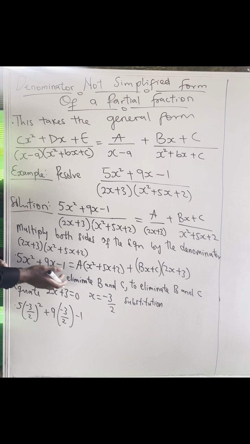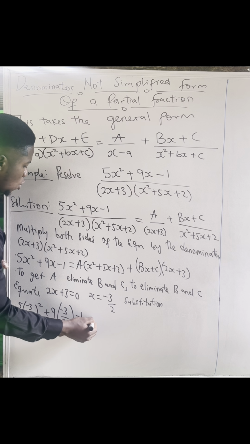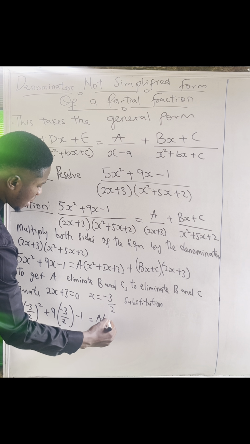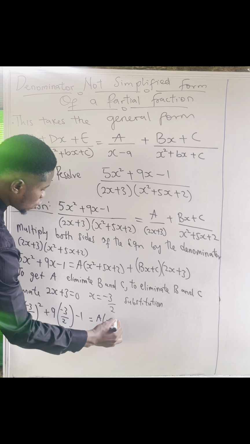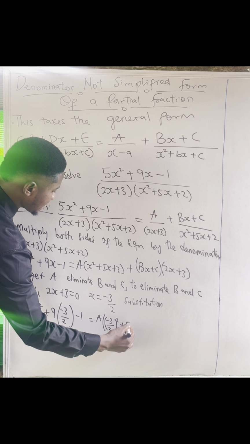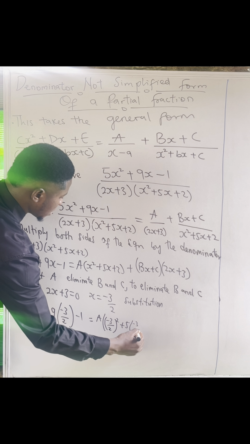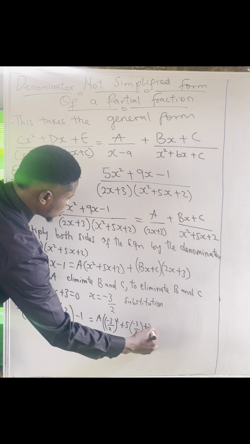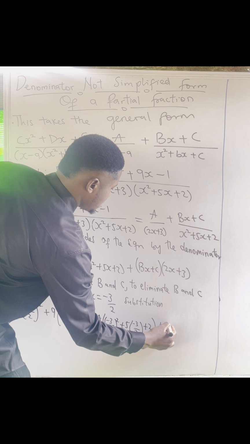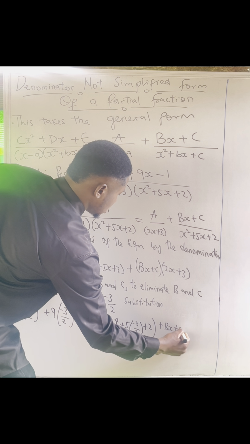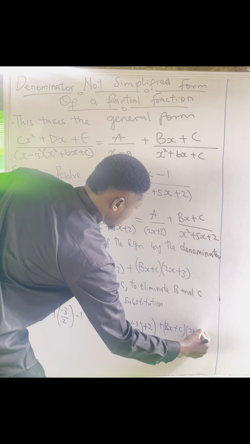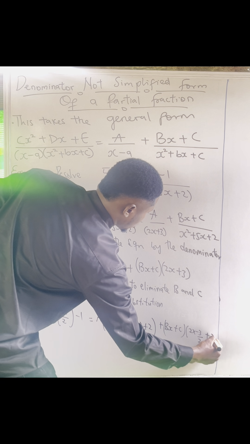So wherever I see x, I'm going to put minus 3 over 2 equals a, minus 3 over 2 all squared plus 5 minus 3 over 2 plus 2. And here also plus bx plus c, 2 times minus 3 over 2 plus 3.